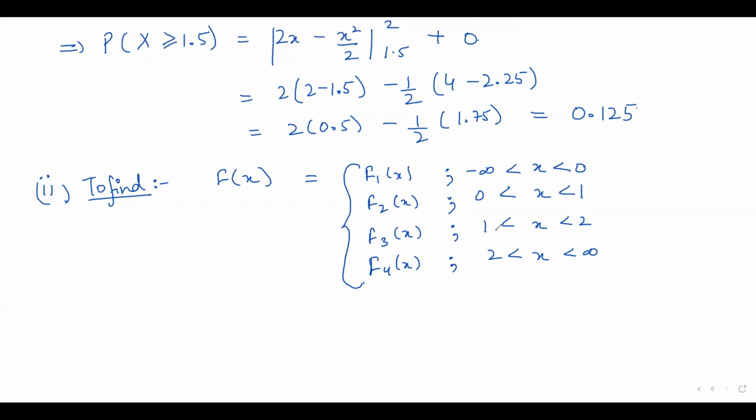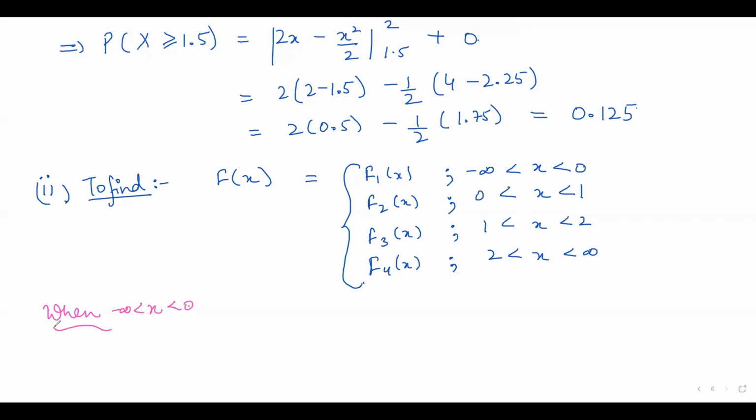On the similar pattern that we have discussed in the previous questions, we'll consider the first case, when x is less than 0, so when x is lying between minus infinity to 0.